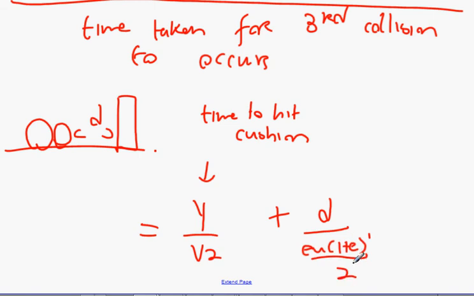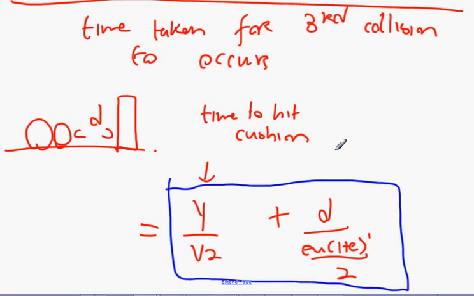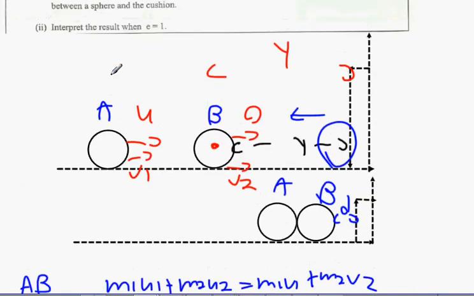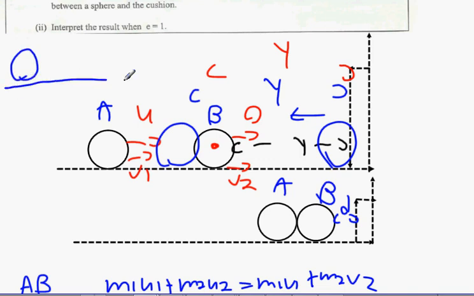Now, this time taken for the second collision to occur, this here is the story of what? This one here is the story of particle B. It's time to hit the cushion, and time to rebound back to hit A. Now we need the story of A. The story of A was that when it hit B, it was a distance y away from the cushion.